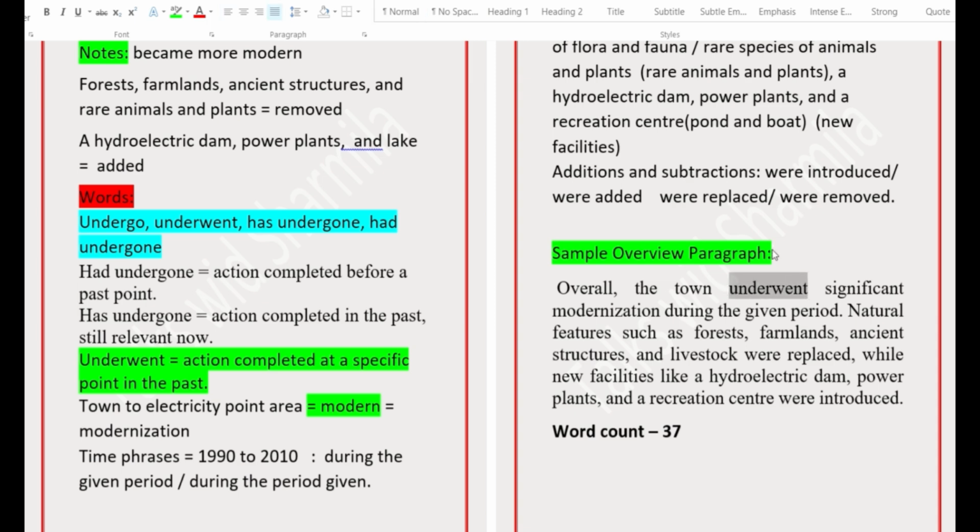Keep it very simple so that you don't get your grammar points incorrect. The town underwent significant modernization during the given period. Natural features such as forest, farmlands, ancient structures and livestock were replaced while new facilities like a hydroelectric dam, power plants and a recreation center were introduced.